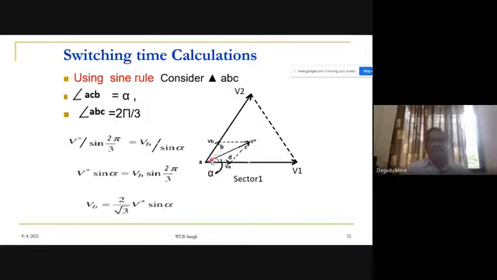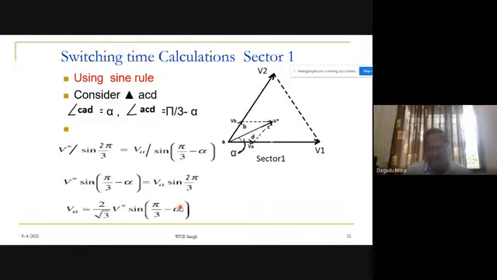Again we apply the sine rule: V star divided by sine of 2 pi by 3 equals VB divided by sine of alpha. Putting in the value of sine 2 pi by 3, we get VB as 2 by square root of 3 V star sine alpha. So in these two slides, we have shown how we obtain the magnitudes of VA and VB.